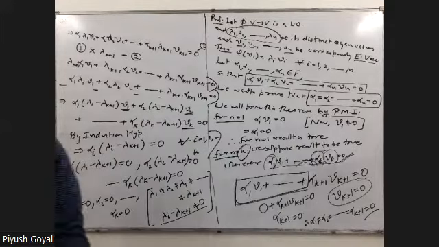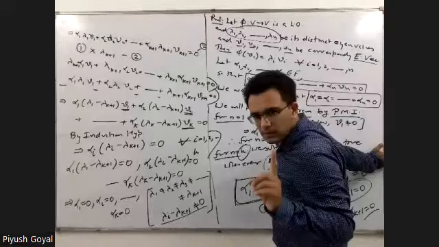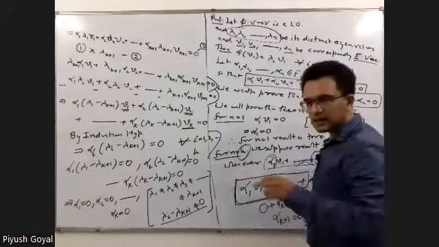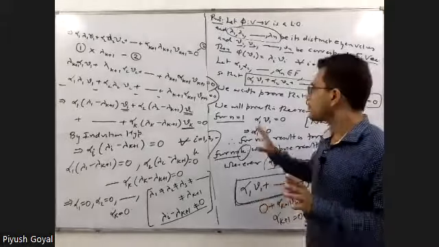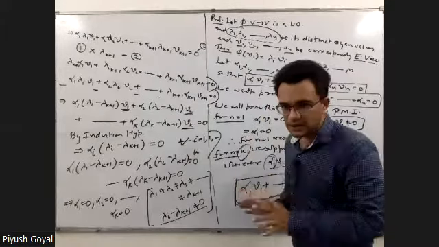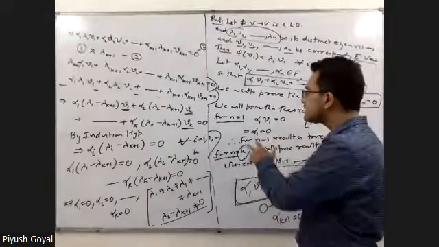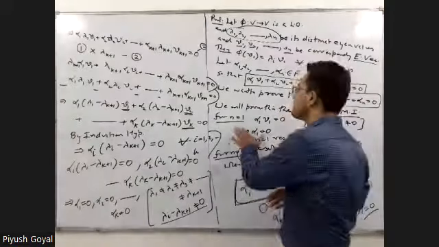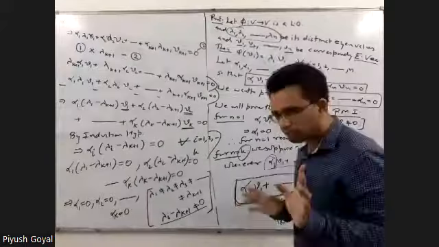What are we doing in this proof? We are proving that when you have a single eigenvector, it will be linearly independent.